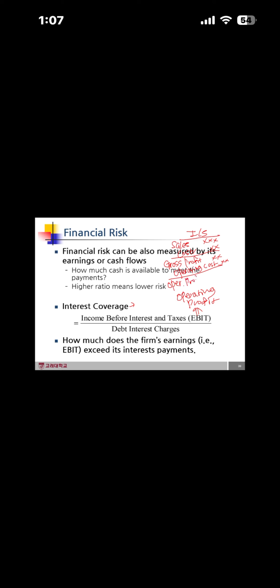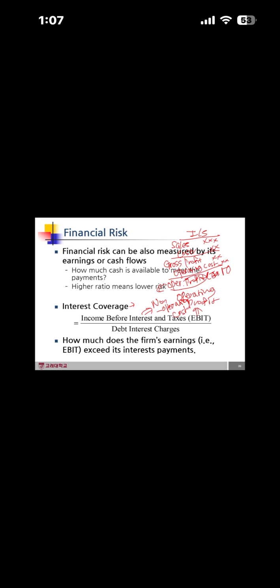Operating profit such as EBIT. This is called earnings before interest and taxes because this profit is before paying the interest. So interest expense is the non-operating cost that will be subtracted from the operating profit.